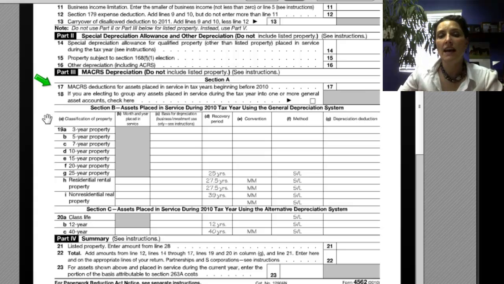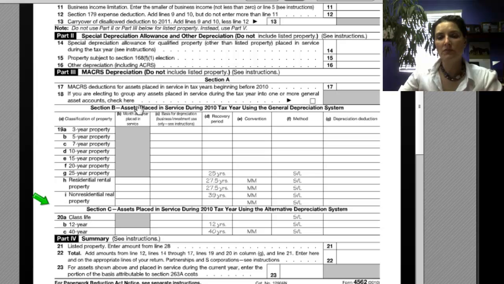And on line 19, we claim depreciation for all of the assets that were placed in service this year that are being depreciated under MACRS rules. We're going to learn about all of those rules. And let's just take a look at this section because it's a pretty fixed section. You can see line 19 is actually lines 19a, b, c, d, e, all the way up to i.